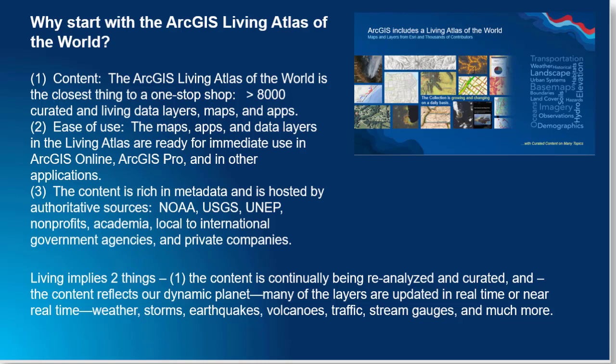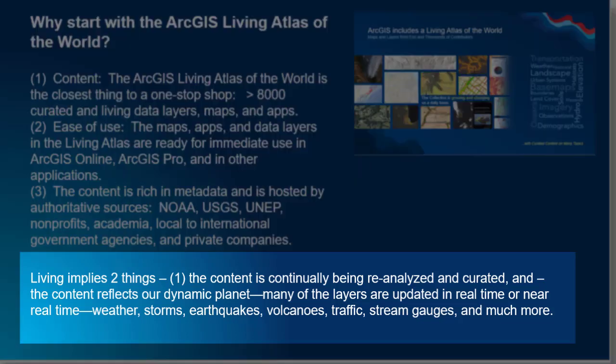Third, the content is rich in metadata. You've got documentation as to who created it, how it was created, what the date was, how often it is updated, why it was created, etc. And it's hosted by authoritative sources: NOAA, USGS, the United Nations Environment Program, nonprofits, academia, local to international government agencies and everything in between, and private companies. Now, living implies two things.